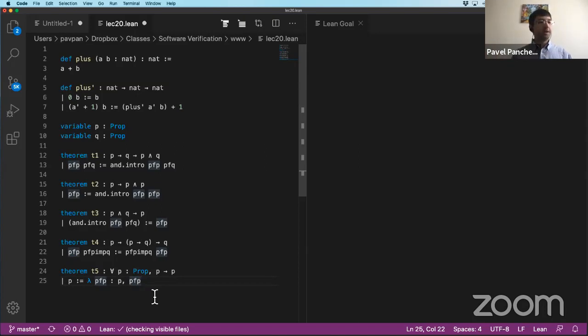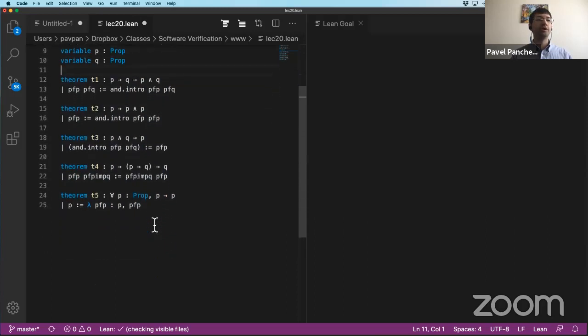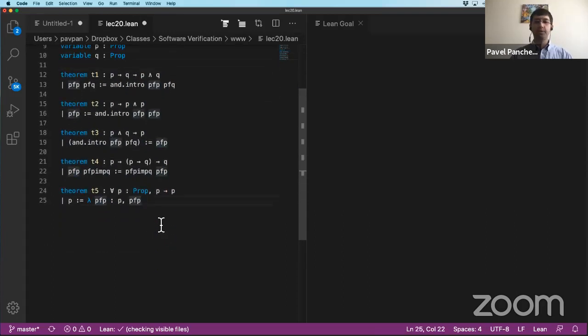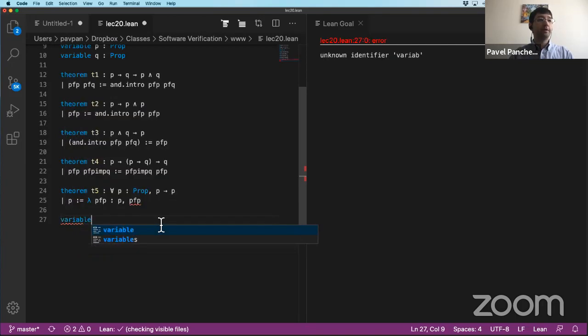In that case, let's start talking a little bit about some not totally abstract, desiccated propositions, something that has something to do with an actual program. And the first and easiest way that we can construct such a proposition is going to be equality. So suppose I have some natural number n.